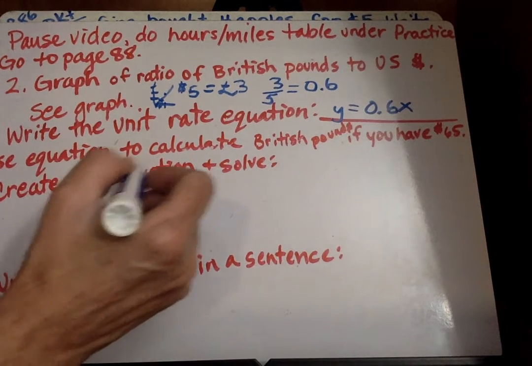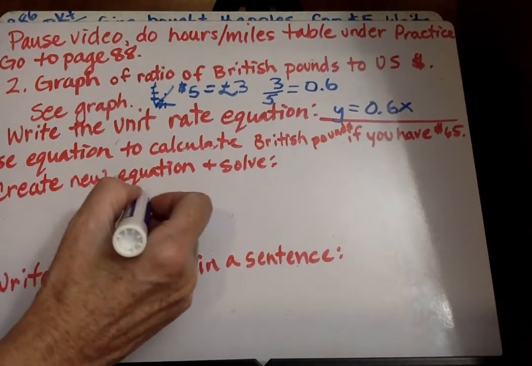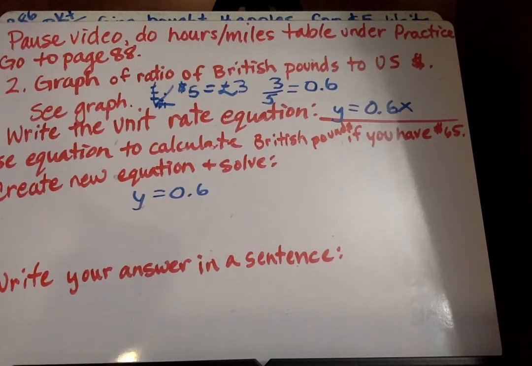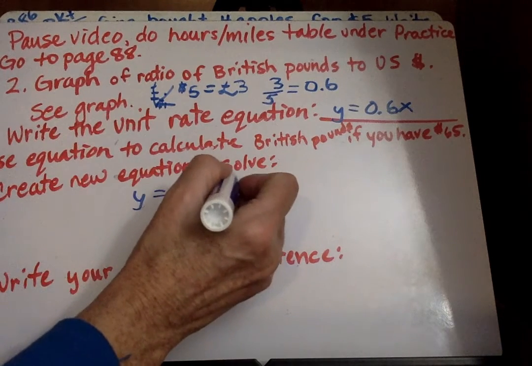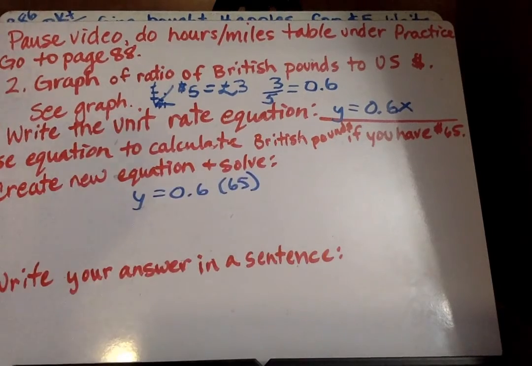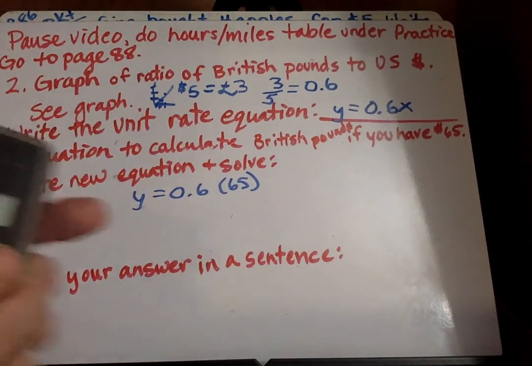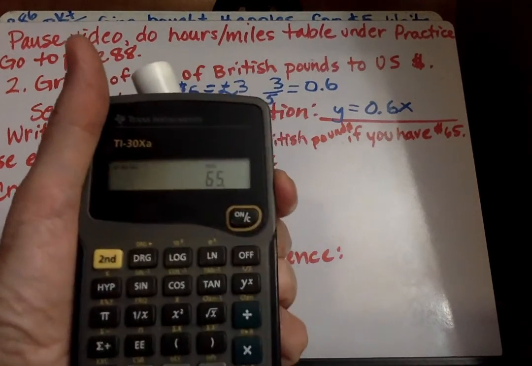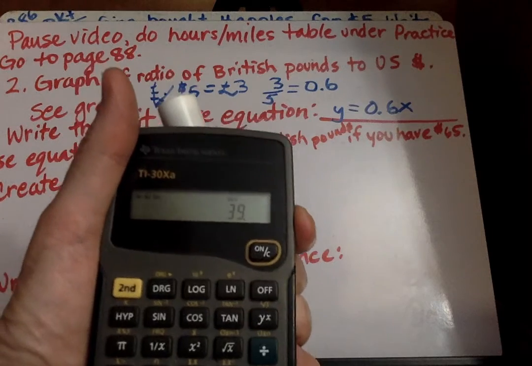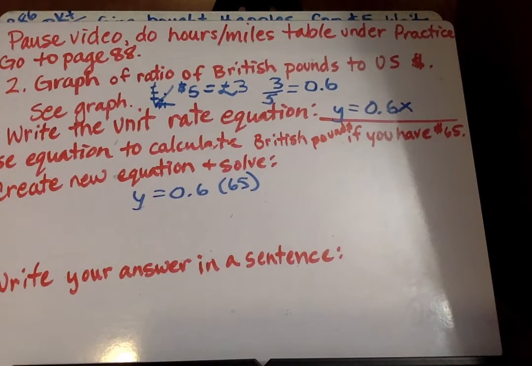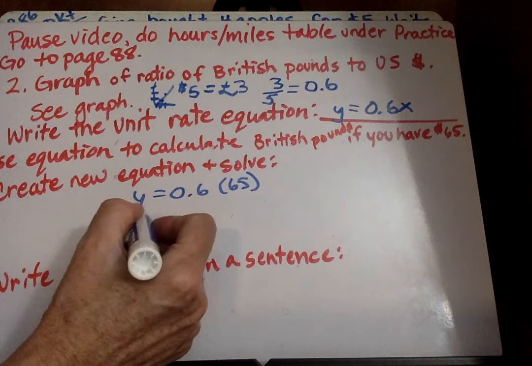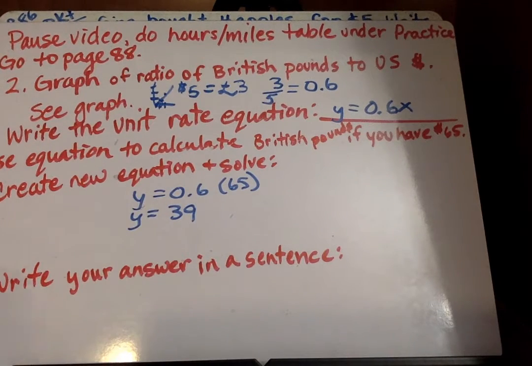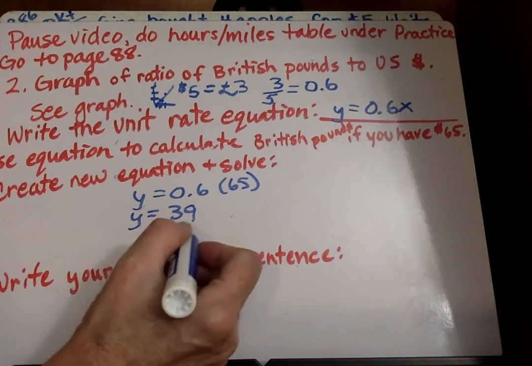So our new equation, right up here, we're going to say y equals 0.6, and x is going to be 65. Because this is $65, we want to know about how many pounds we're going to have. Have our handy dandy calculator, and we go 65 times 0.6, 39 pounds. So y equals 39. So your answer is 39 pounds.